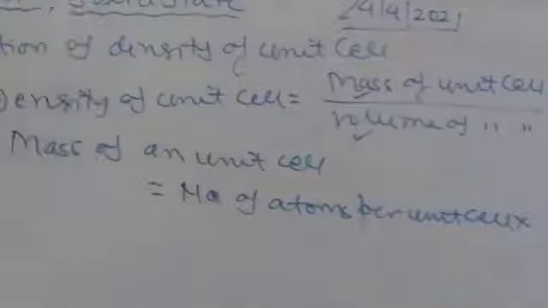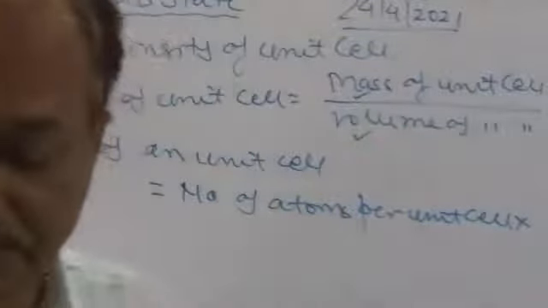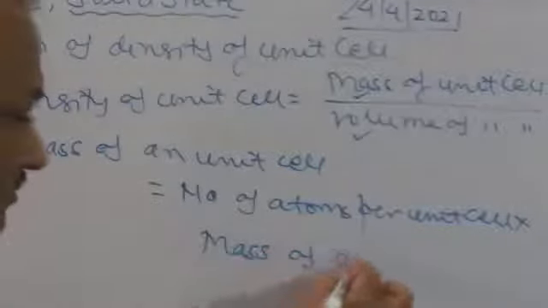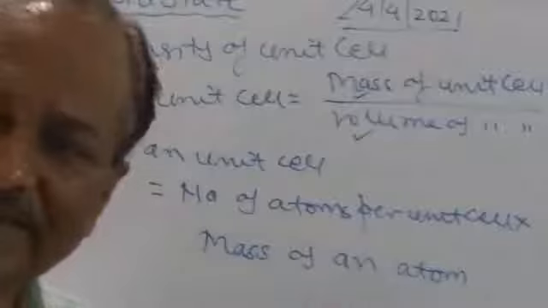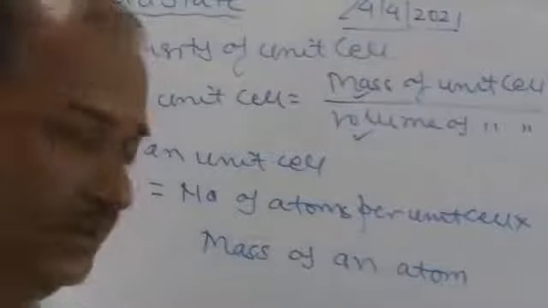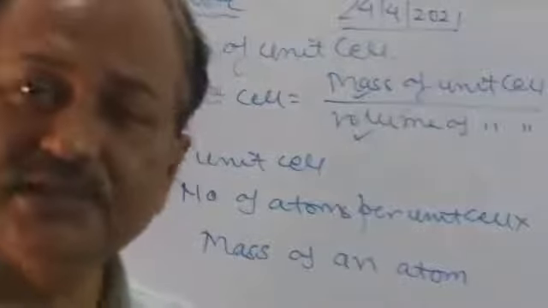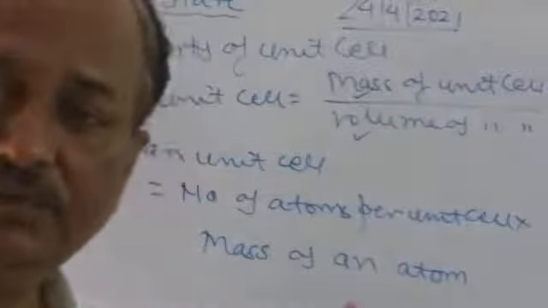It is the number of atoms, which we call the rank of the unit cell, and it is multiplied by the mass of an atom. And the number of atoms or rank, we know this formula. Then the mass of an atom is also a fixed quantity. And so these are the two important points.